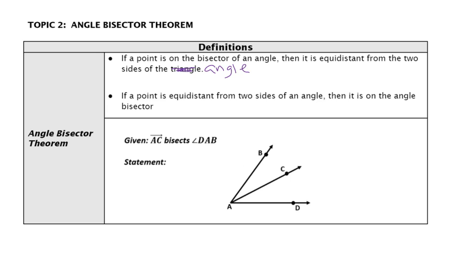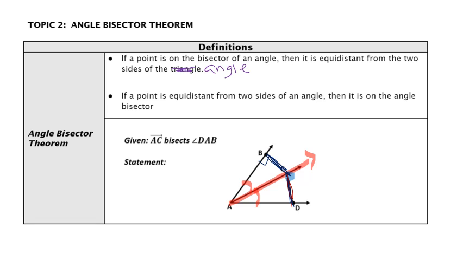So if I know that AC is an angle bisector, we know that these two angles are the same measurement. What this theorem says is that since point C is on that bisector, it's the same distance from both sides.